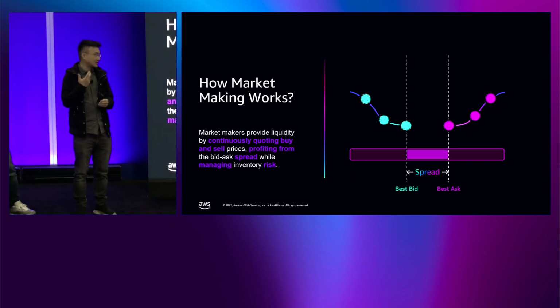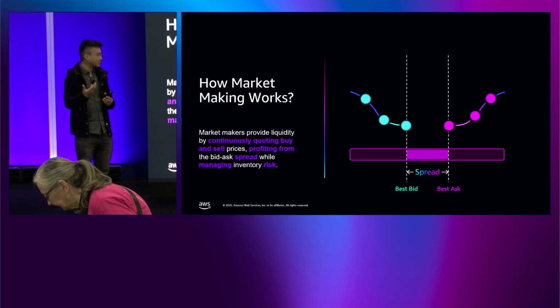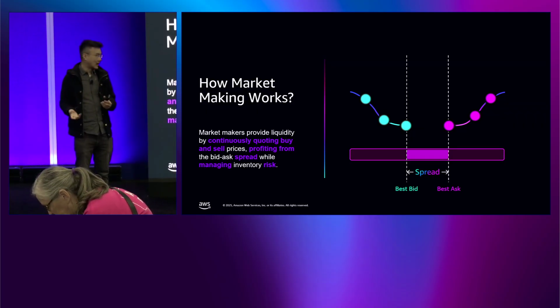Imagine there is a news item or an announcement coming up, and the market may move significantly, and all the ask orders may be taken by other market participants. This could be a risk to a market maker because we need to manage our inventory well to make sure we have enough inventory to place ask orders.